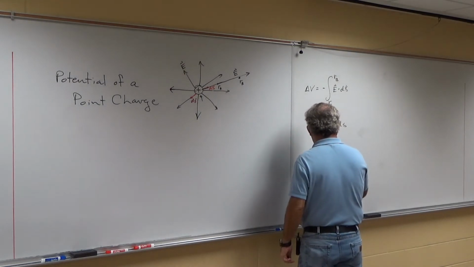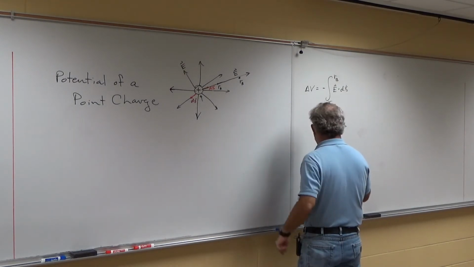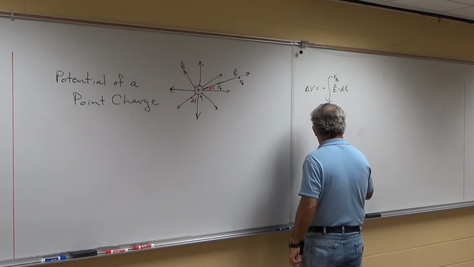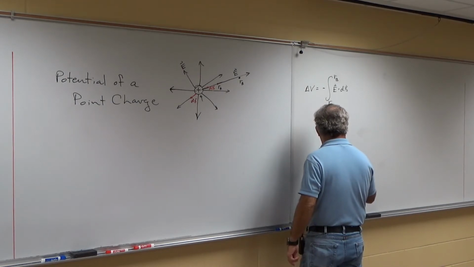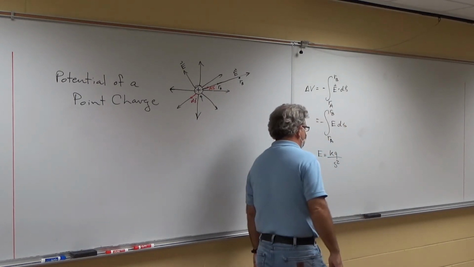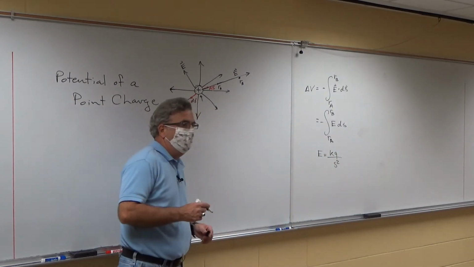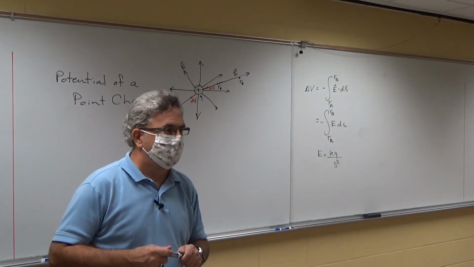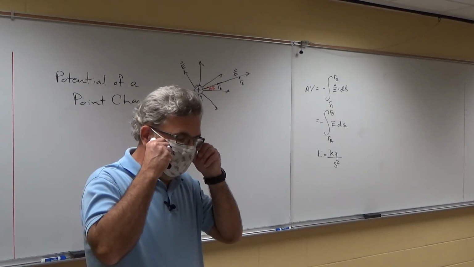E, in this case, as I've cooked up these variables, is KQ over S squared, if S is the distance from the charge.